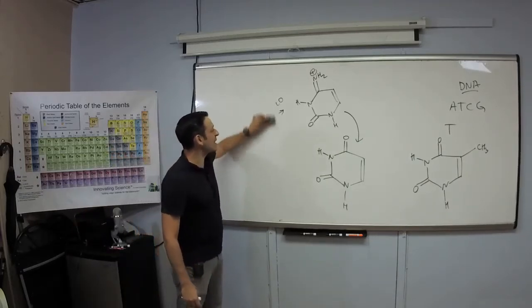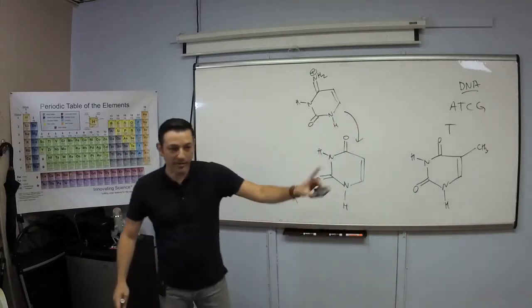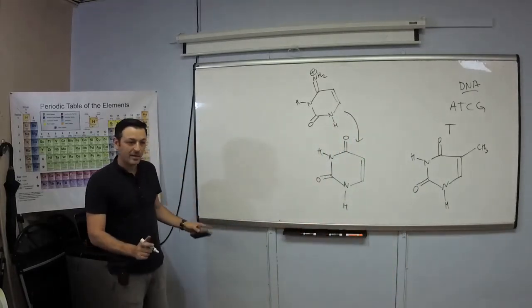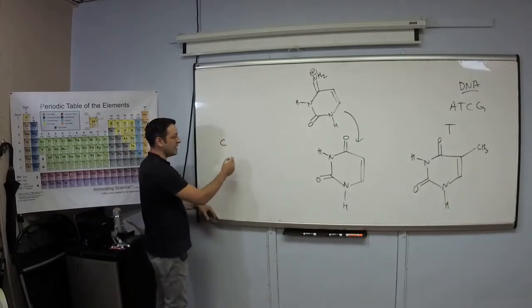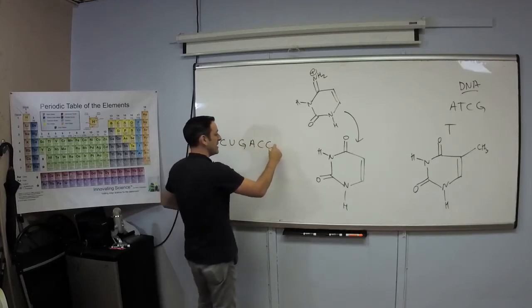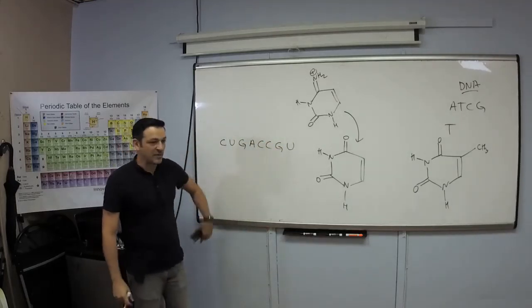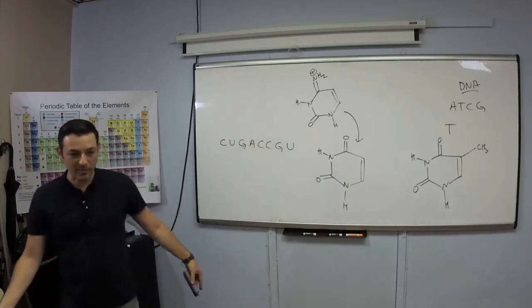Now imagine you had a secret code, you know, like the password to get into your own house or your own bank account. Better, forget your house, bank account. And the password was CUGACCGU, right? And you kept it in your wallet, which was an aqueous environment with acid.